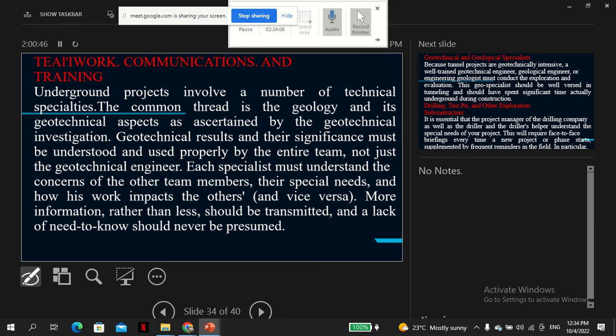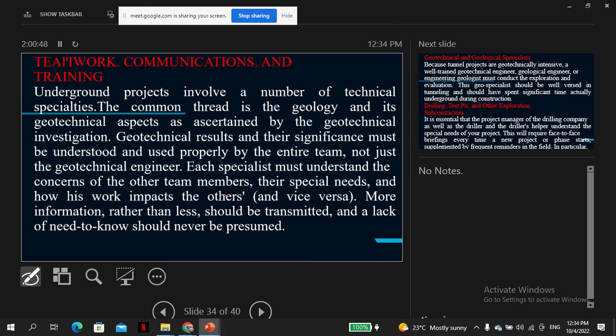Each specialist must understand the concerns of the other team members, their special needs, and how his work impacts the others, and vice versa. More information rather than less should be transmitted, and lack of need to know should never be presumed. Yes, so you cannot hold the idea that if you have data, someone should not see it.